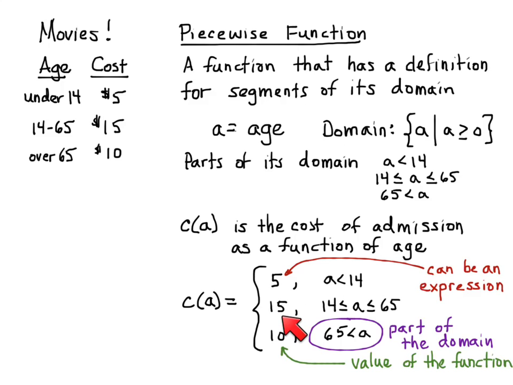So that means you take your age when you're between those ages and you add 1 to it. That would still keep the price under 14 at 5 and the price for people over 65 at $10. So instead of numbers here, we can put expressions, and most of the time that's what we're going to do with piecewise functions.